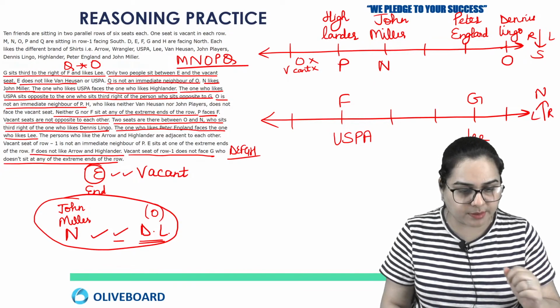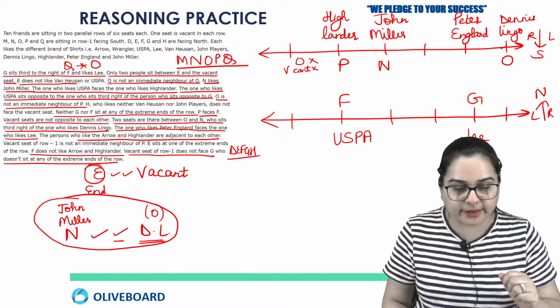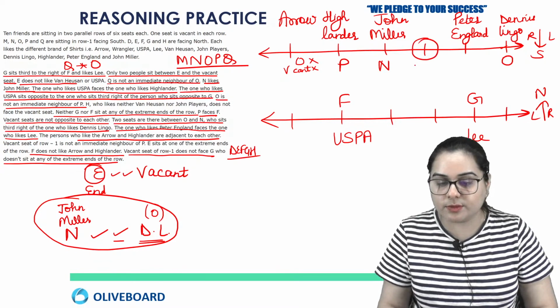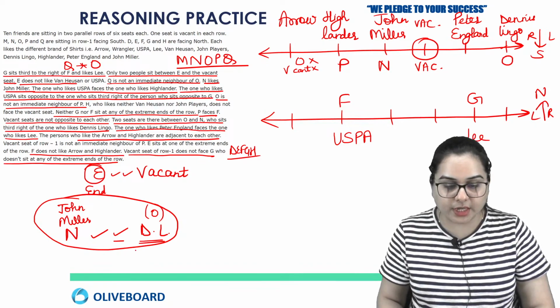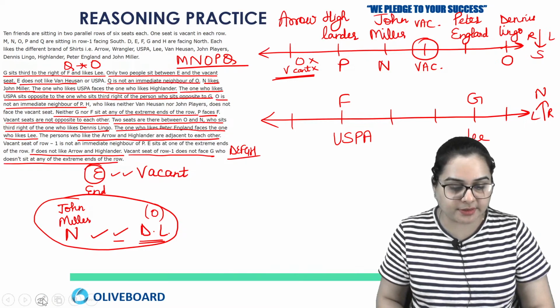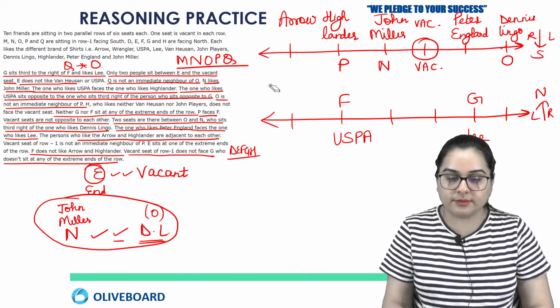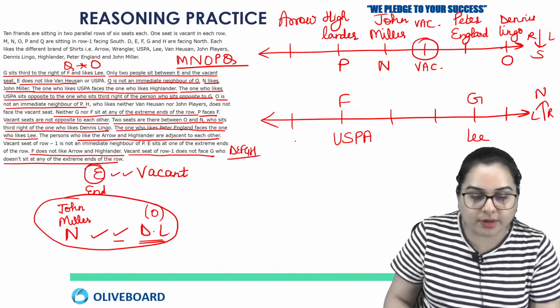He was telling you about some neighbors. Yes, the person who likes Arrow and the Highlander are adjacent to each other. So with Highlander, I have to write Arrow. So this clarifies that this is the vacant position. Now O cannot be written on this position. O is already written there, right? So we have already filled all this.